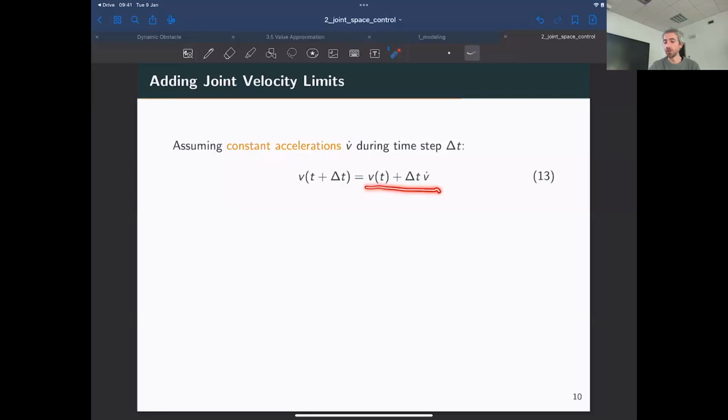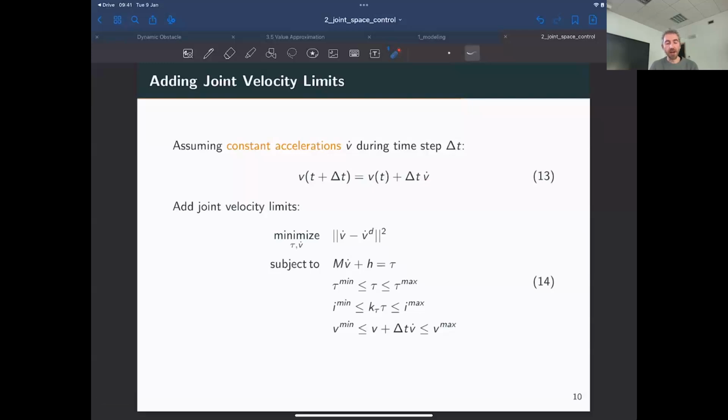This is a so-called Euler integration scheme, where I assume that my acceleration remains constant for the whole time step. But this approximation is very reasonable in practice because delta t is typically between 1 and 10 milliseconds, so it's super small. So by doing that, I have a function of my accelerations v dot, and then I can add constraints on this function.